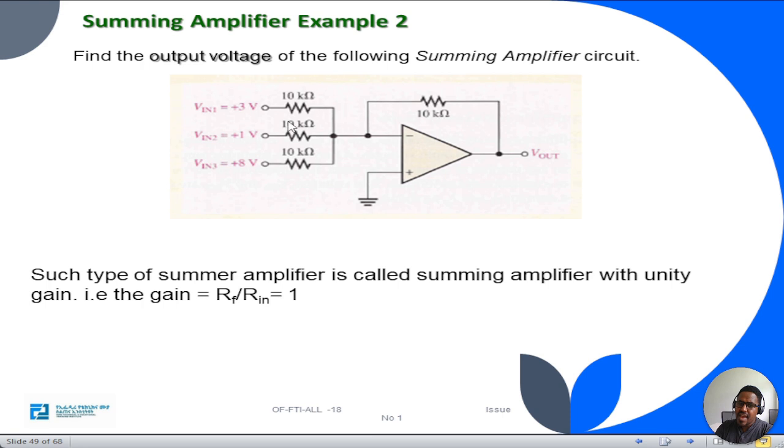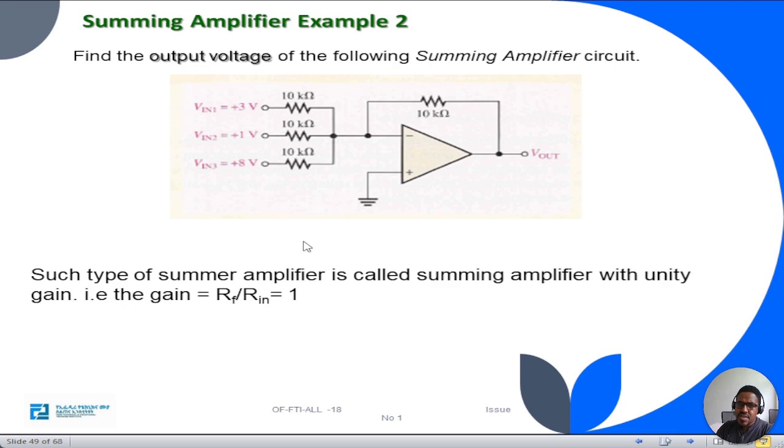So our gain is unity, because 10 over 10, that is unity. So our result becomes the sum of the inputs. Such a type of summing amplifier is called a summing amplifier with unity gain. That means the gain RF over Rin becomes 1. So what was the result? Please put the answer for this one in the comment box.